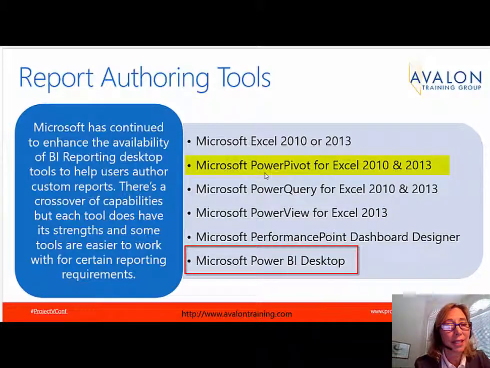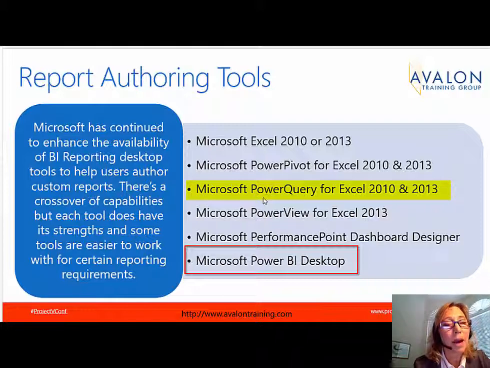And PowerPivot enhances some of the pivot table capabilities within Excel. Then there's an add-on called Power Query for 2010 and 2013 Excel. And Power Query allows you to build a data model from multiple tables within Project Online.